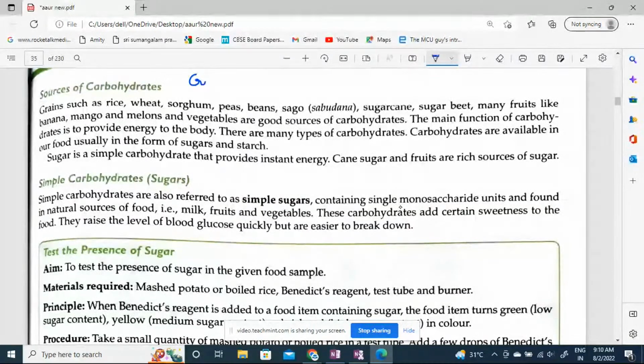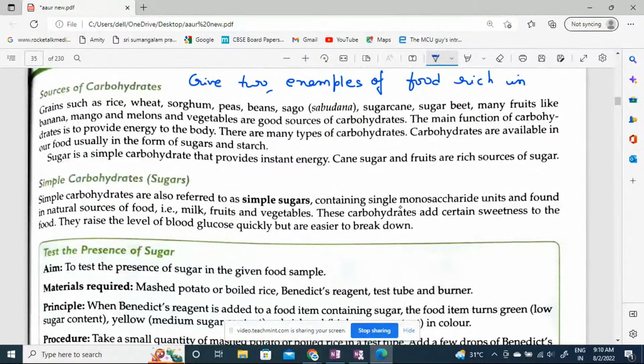Give two examples of food rich in carbohydrate. You can give any two examples, for example, rice and wheat. Okay?